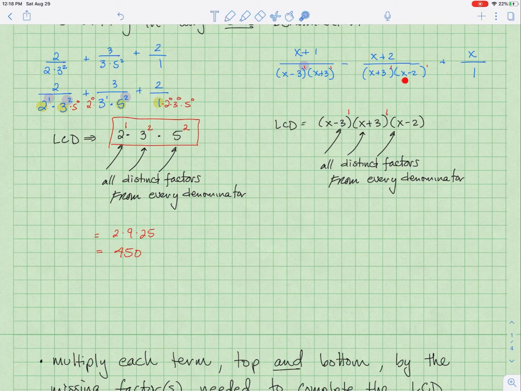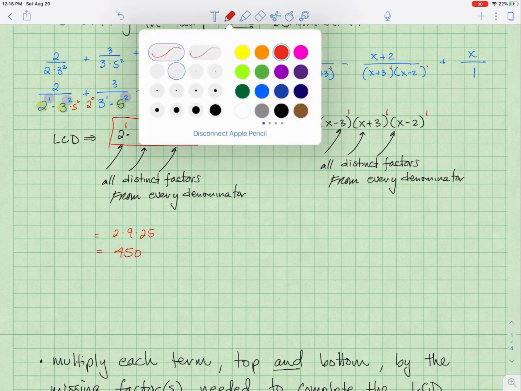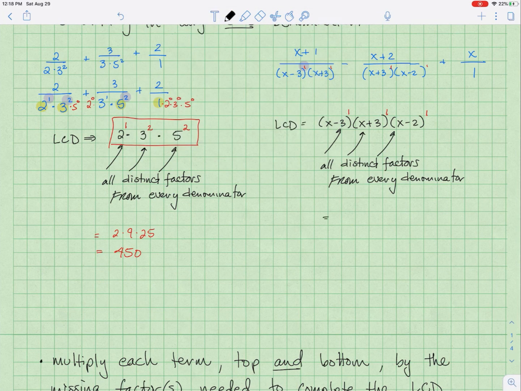And then for x minus 2, that only occurs in this denominator, and the highest occurring power of it is 1. So we'll use that as well. And that's actually our LCD. And we're not going to multiply it out. There it is. So if I wanted to rewrite this again, I would just say, well, that's x minus 3 times x plus 3 times x minus 2.